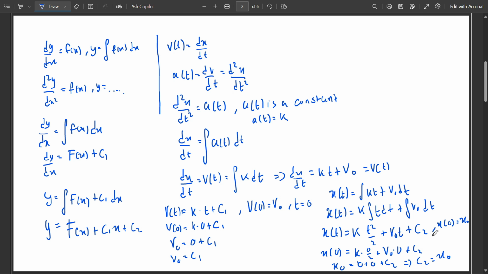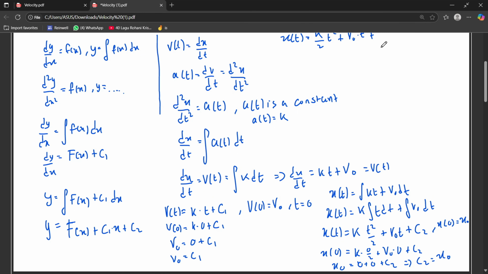Nice. So we have x of t equals k over 2 t squared plus our v initial times t plus c2. C2 we already found is our initial position, so we have x initial.